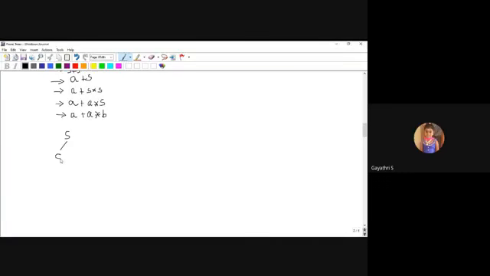I will choose first S plus S. For this S I will replace S by A. This S is going to be replaced by S multiplying with S. This S is replaced by A and this S is replaced by B. See here, this is the yield: A plus A star B.